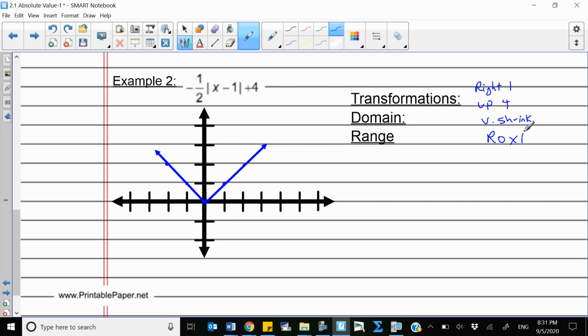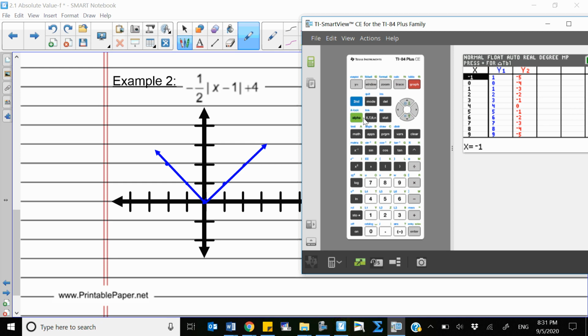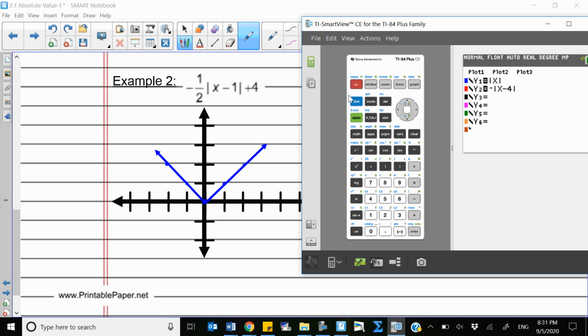So I have to move this function right 1, up 4, and shrink it by a scale factor of 1/2, and then reflect it over x-axis. I'm going to use my calculator to find the exact points here. So let's go to y equals. The first one is what we have as the parent function.